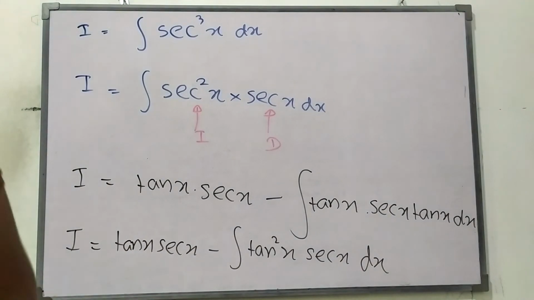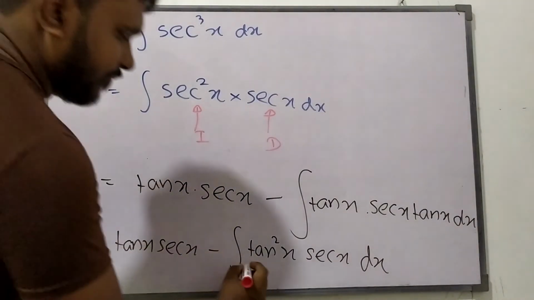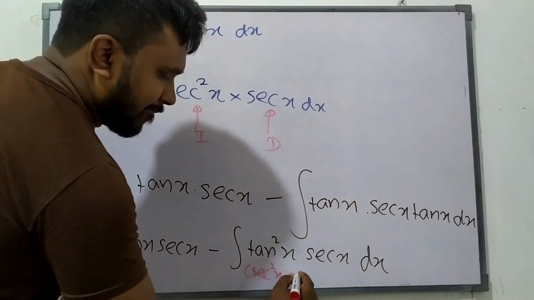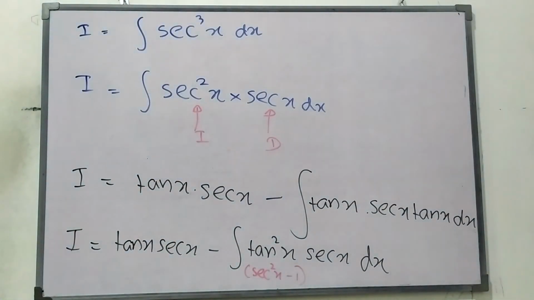So what is tan squared x? Tan squared x means sec squared x minus 1. Then try to solve the bracket.